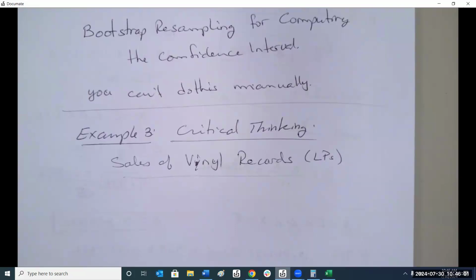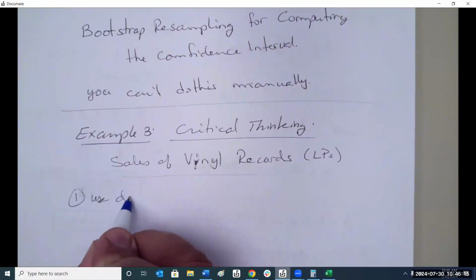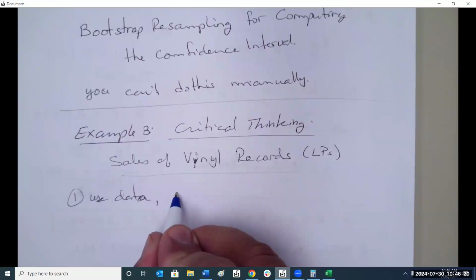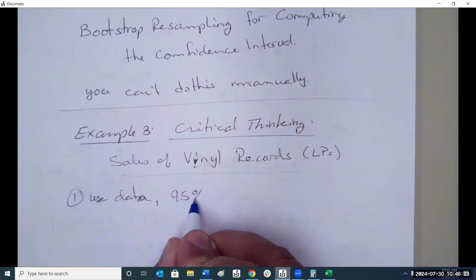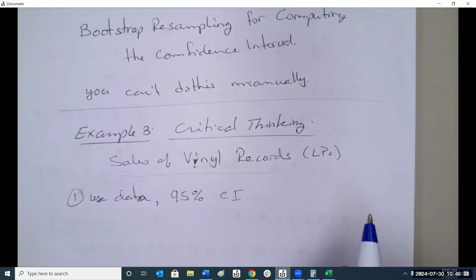I'll show them in a second. In order by year, beginning with 1993. Use the list of sample data to construct a 95% confidence interval of the population mean. Is the confidence interval method described in this section a good tool?